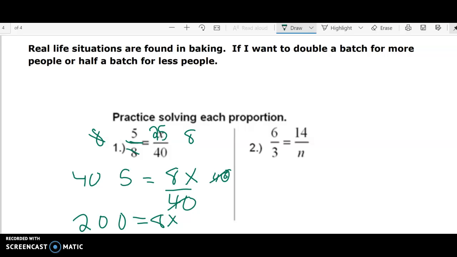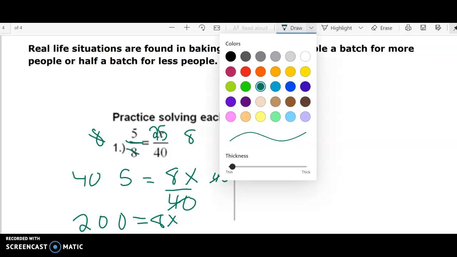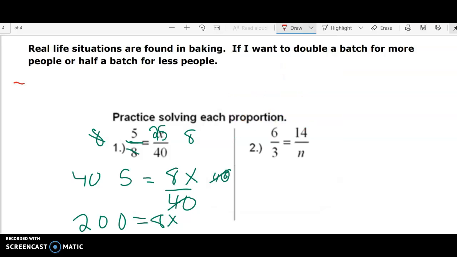Okay, so that's the quick way to do it. That's the mathematical way to do it. If I had 5 over 8 equals x over 40, I can say I got here by multiplying by 5, then I have to get here by multiplying by 5, which is 25.